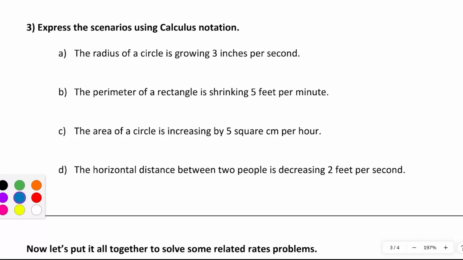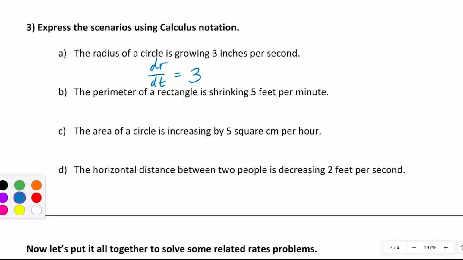The first one says the radius of a circle is growing at 3 inches per second. If it's growing at 3 inches per second, that is a rate of change. So this means that dr/dt, the radius in terms of time, is 3 inches per second. So that's how you would write that.